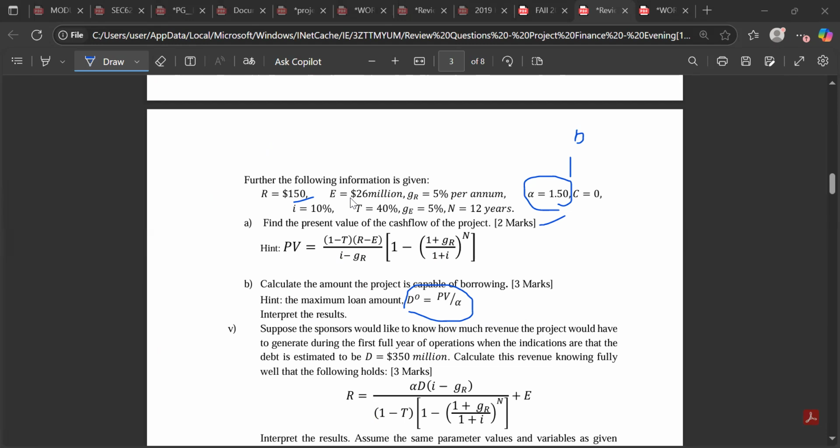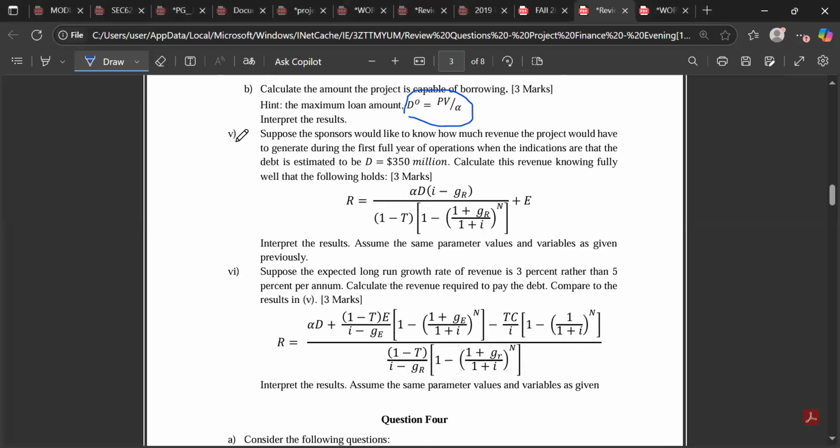The alpha denotes a ratio concerning debt, looking at how banks view net cash flow over annual debt service. That's how you find the DSCR, but it's given to us in most cases. Okay, thank you.